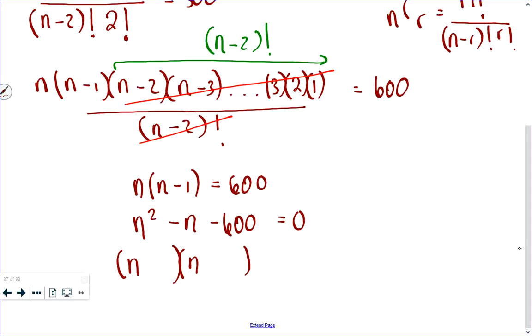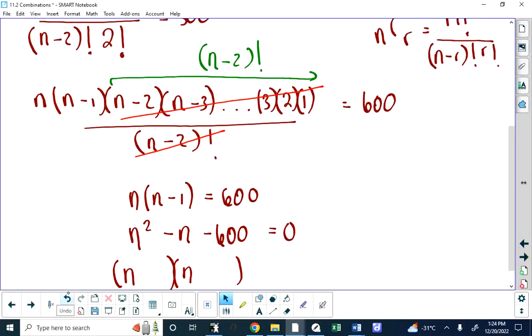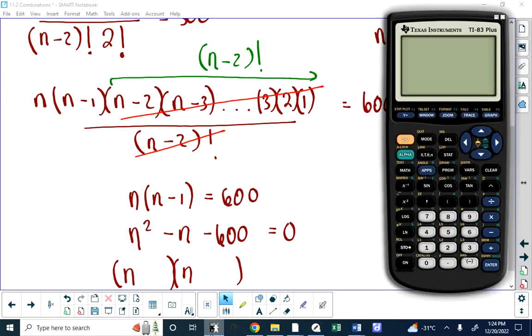The fact that they add to give negative 1 means they're really close together. So I'm just going to take the square root of 600 and see what number that is, and then maybe look at the numbers on both sides of it. That's not a guarantee to work. Because quite frankly, I'm not good at looking at numbers like 600 and going, oh, it's this number times that number. The square root of 600 is 24.